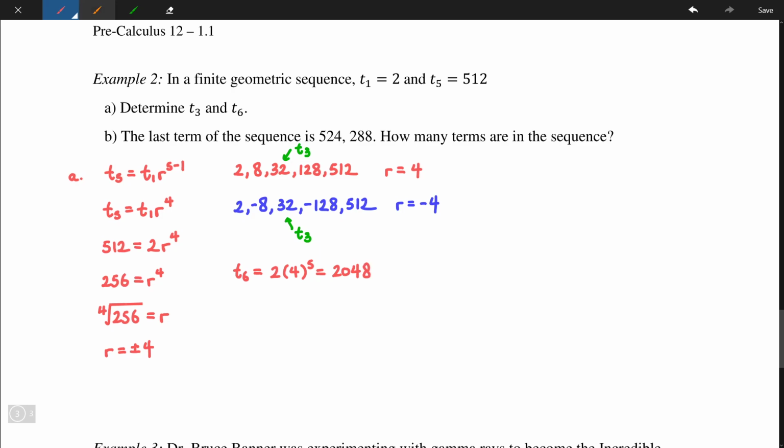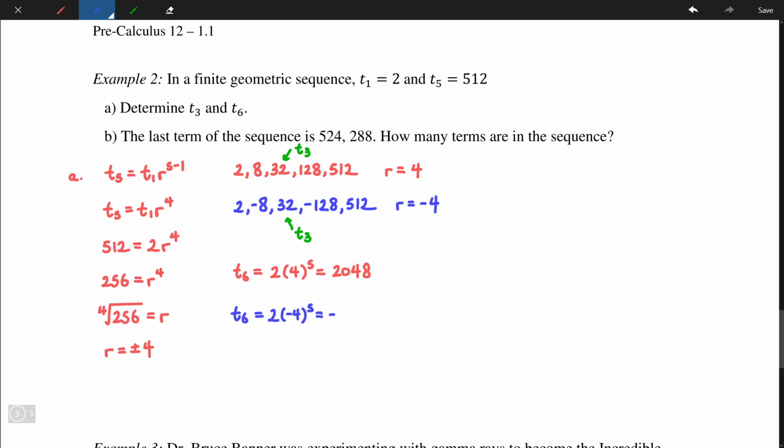Now, if r was negative 4 instead, because it is possible, then we have 2 times, oh, right, I did this, no, that's correct. Okay, so negative 4 to the fifth power, it is an odd power, so it's going to be negative.